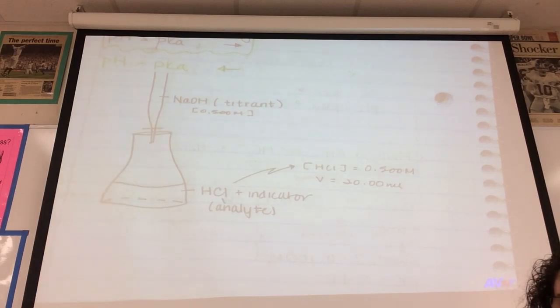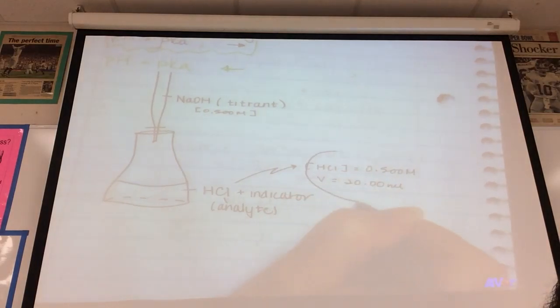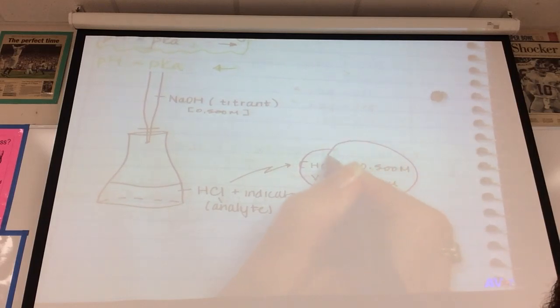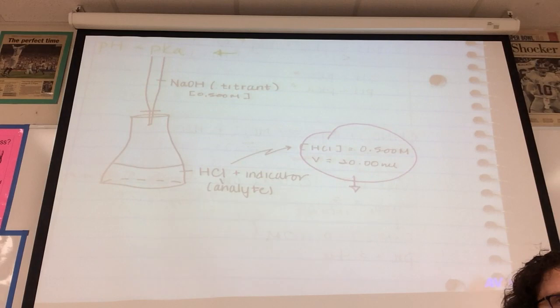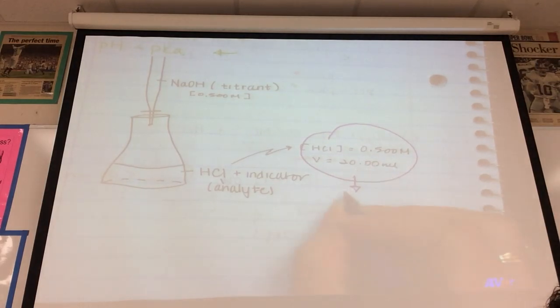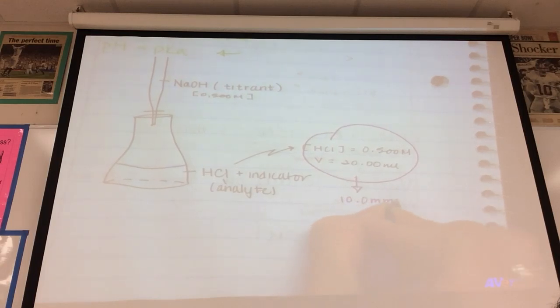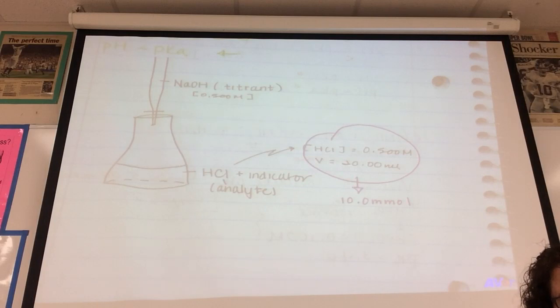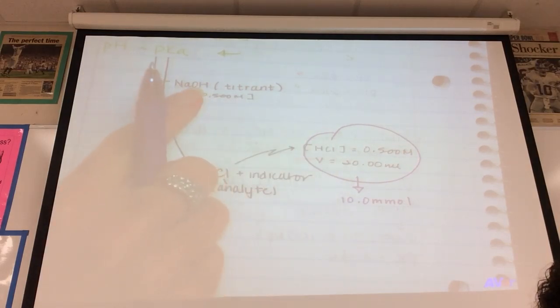way. First thing I want you to realize right off the bat, how many millimoles of acid do I have? Half of 20 is 10, right? At the equivalence point, you need stoichiometrically equivalent amounts of acid and base.